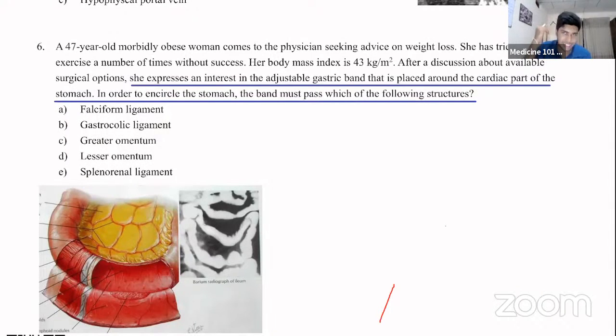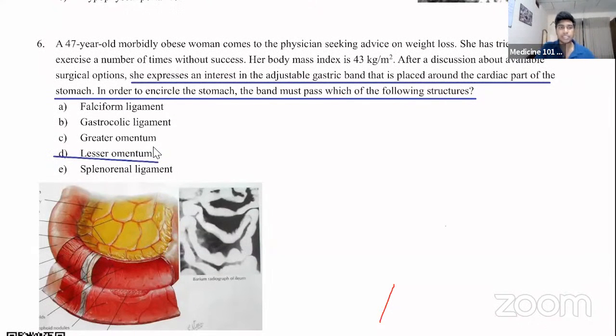It's not hard, but it scares the hell out of you if you're not used to these. What's the answer? Guys, send it in the chat. Yeah, it's answer D, the lesser omentum.